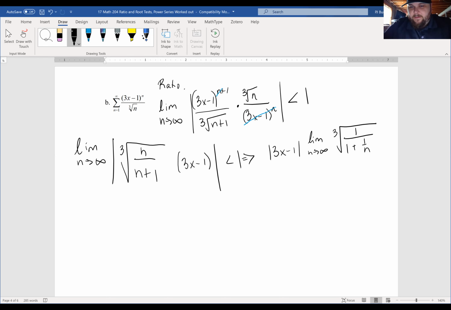So now when I take the limit, this guy will go to 0, and that whole limit will go to 1. So then I have 3x minus 1 absolute value times 1 must all be less than 1. Or that must fall between 1 and negative 1.